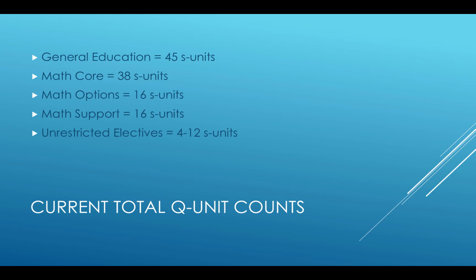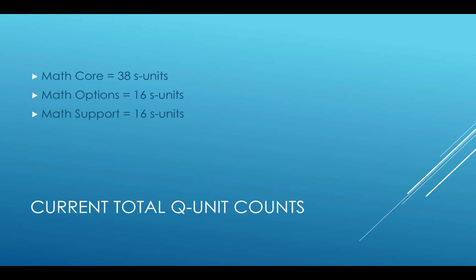Now, what I'm primarily concerned about is the math, so the math core, the math options, and the math support. In particular, I wanted to figure out how many semester units, equivalent of semester units, do math majors currently take of classes that start with either the MAT, STA, or the CS 128 class.